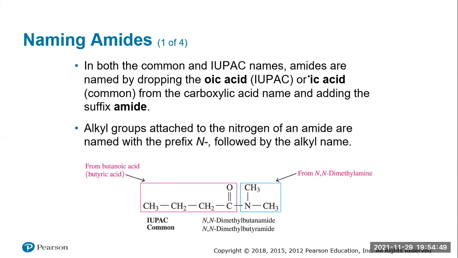So we have the N,N. Just for purposes here, this is the nitrogen that has a methyl and a methyl group. That is what the N,N-dimethyl means. And this is basically a 4-carbon group, which is based off of butane. Drop the E and put amide, butanamide.